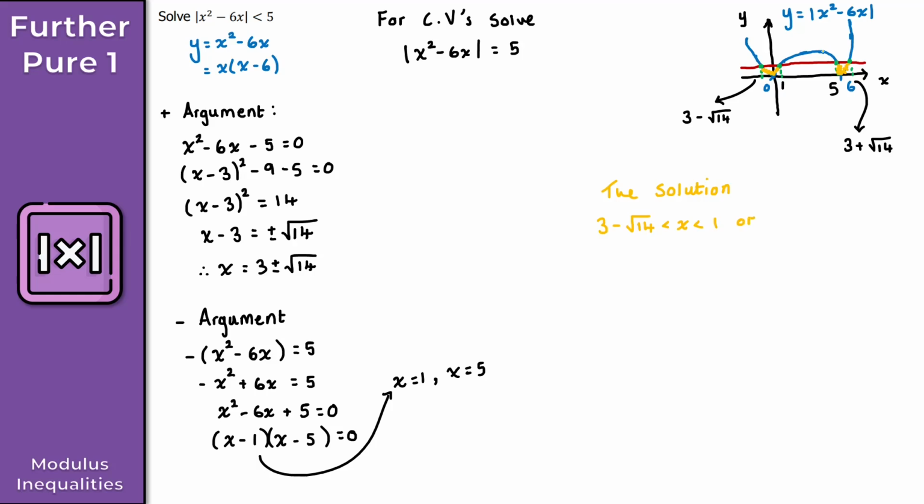And we also have x between 5 and this final point of 3 plus root 14. And there we have it. So the solution is the following. Let me just quickly highlight that here. Like so, and there we have it.